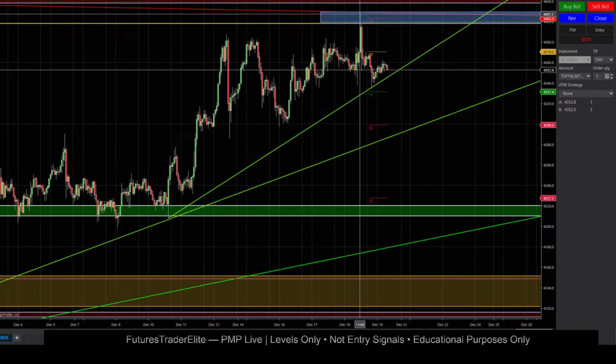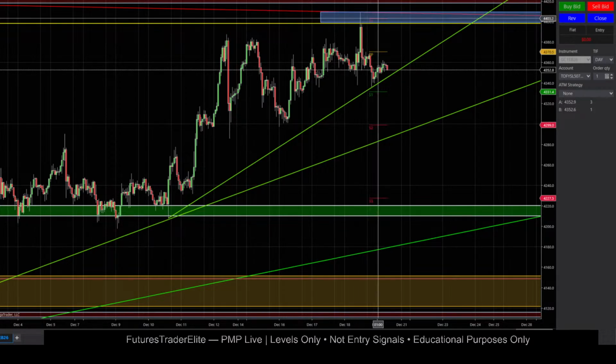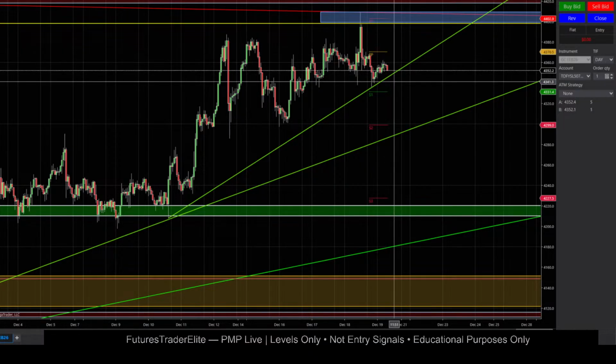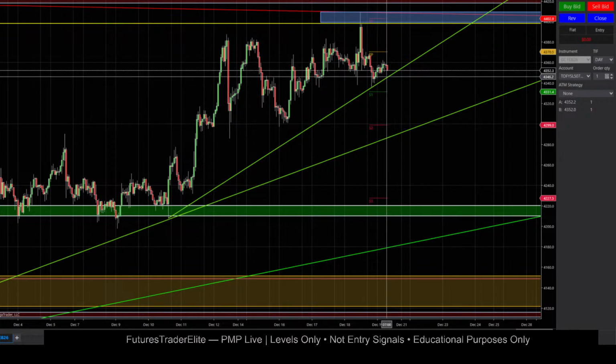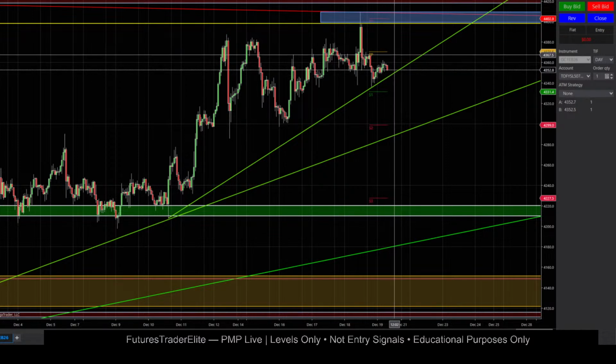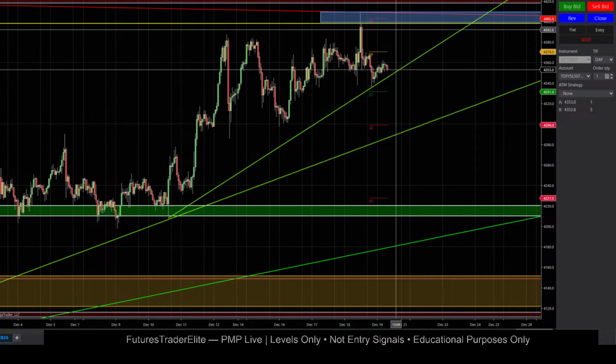Played that rejection off that line up there yesterday, and the R1 pivot is up here inside this precision entry zone. So if we try to bounce off this line, say we get down here, tag it, or sweep it and it closes back above, I may try to play a bounce there and see what happens.